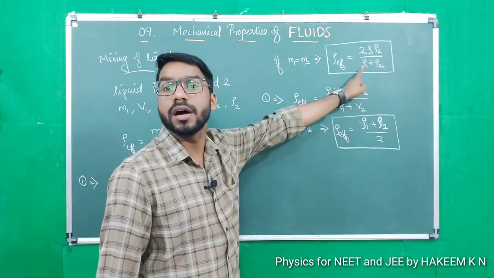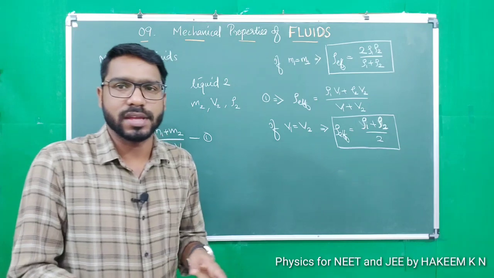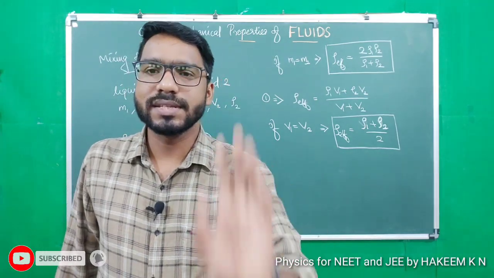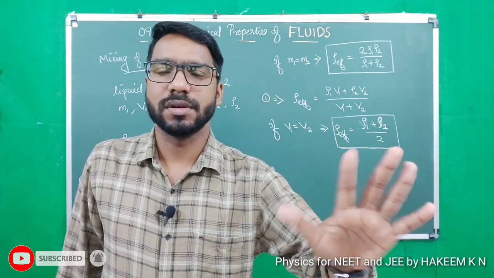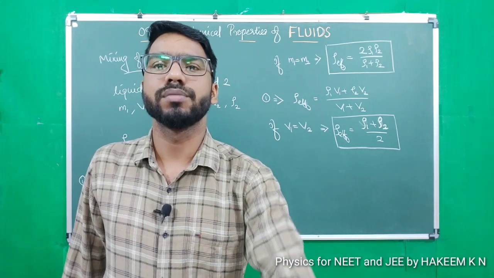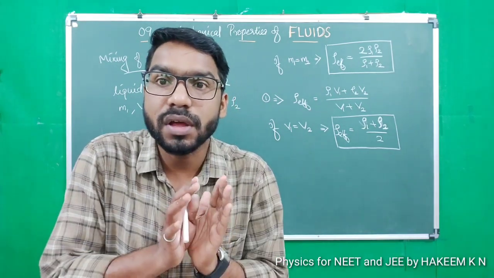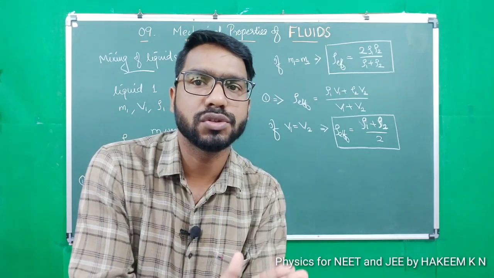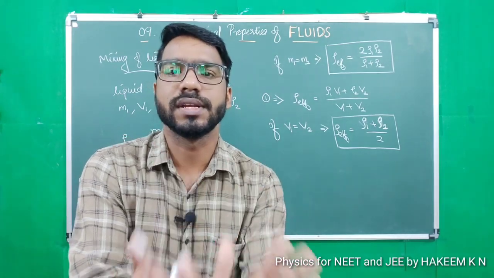And the earlier one is the harmonic mean of density. So if two miscible liquids of densities ρ1 and ρ2 are mixed, if their masses are equal, the effective density is 2ρ1ρ2 by ρ1 plus ρ2, and if their volumes are equal, then (ρ1 plus ρ2) by 2 is the effective density.